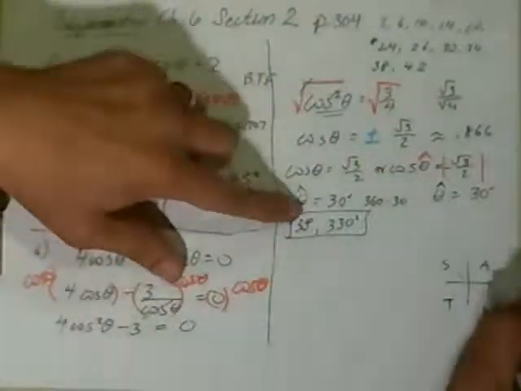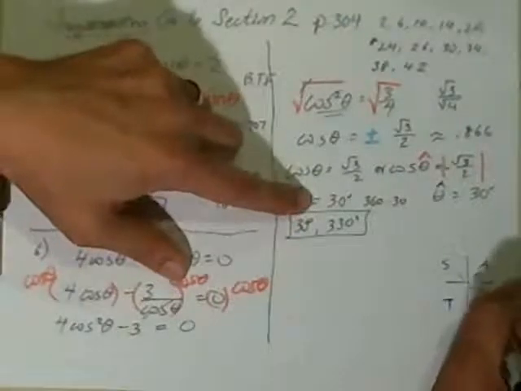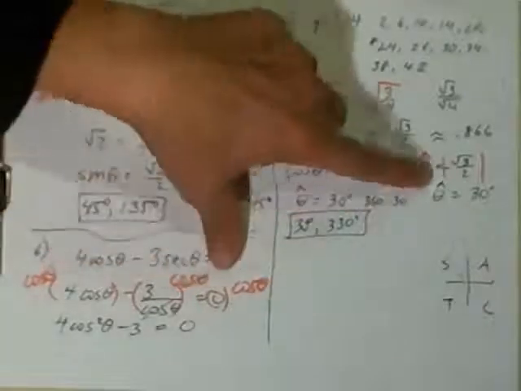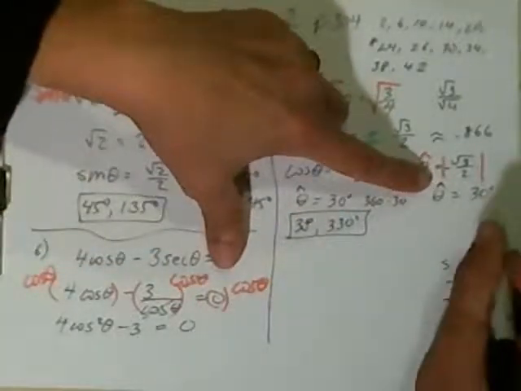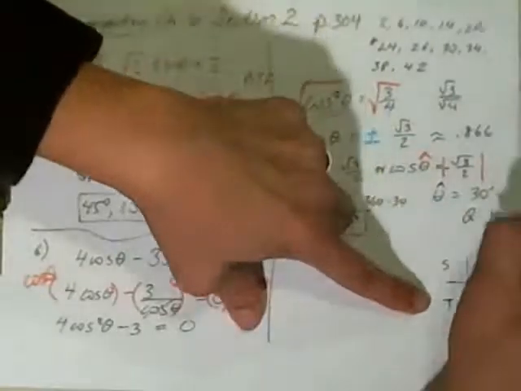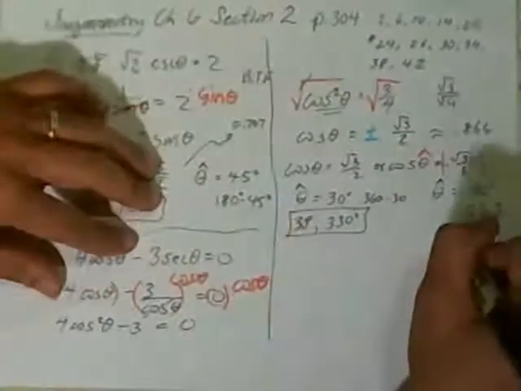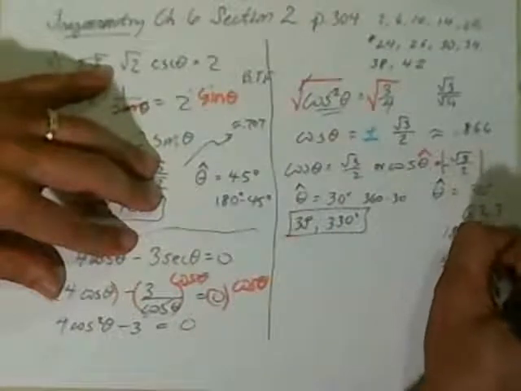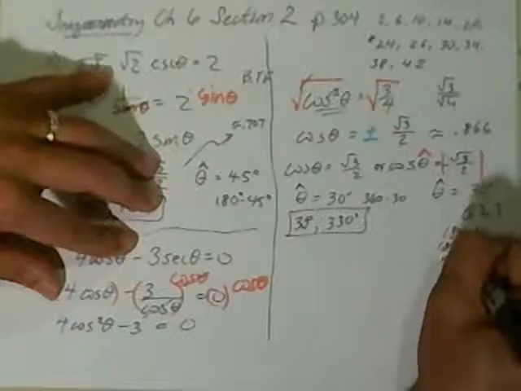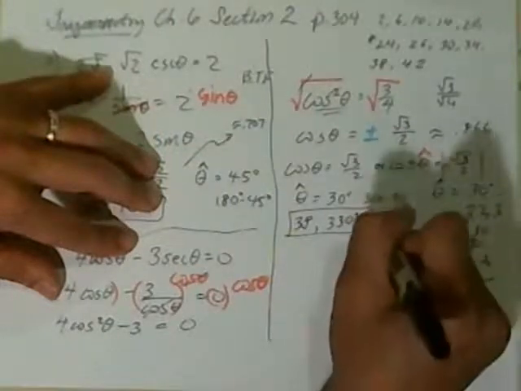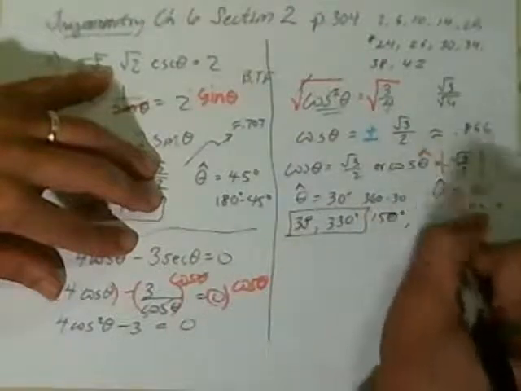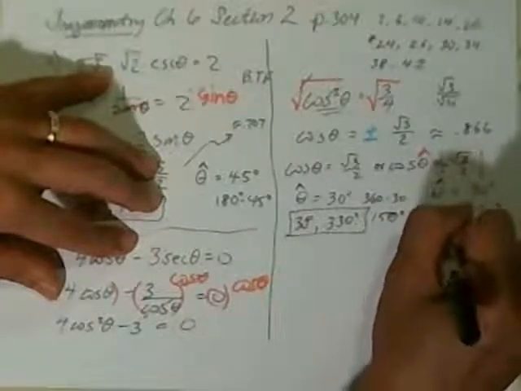For the first one, we know it's positive in quadrant 1. All of them are positive, and cosine is positive. For this one right over here, it's 30 degrees. It's negative in quadrant 2 and 3. So you're going to go 180 minus 30, and for quadrant 3, it's going to be 180 plus 30. So 180 minus 30 is 150, and 180 plus 30 is 210 degrees.